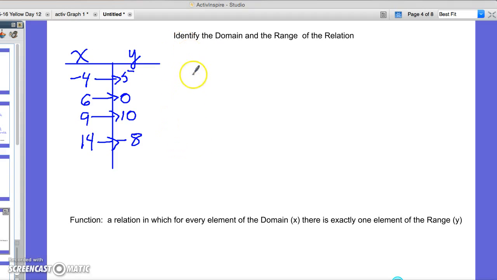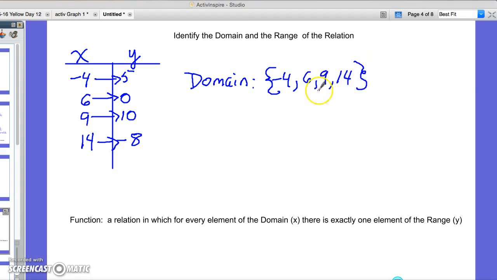Now, my domain in this relation is the set of values x can be. So there are 4 of them. I literally just list them off. -4, 6, 9, 14. That's the domain. The range is the set of values that y can be.